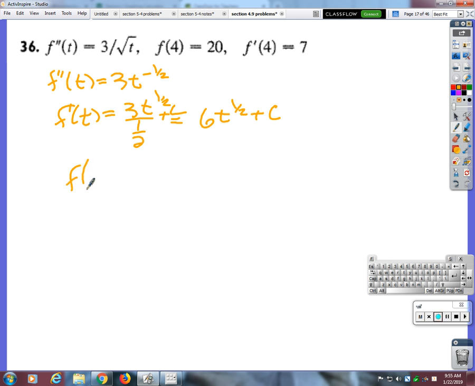Then the antiderivative of that, 3/2, you have to multiply by 2/3, so that's 12 over 3, so 4t to the 3/2 plus cx plus c.